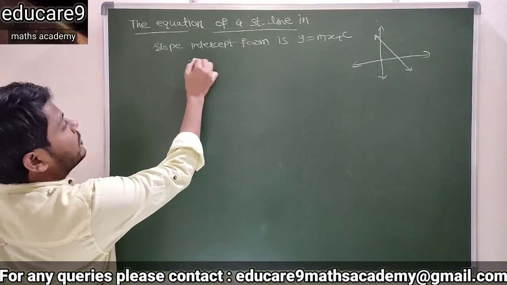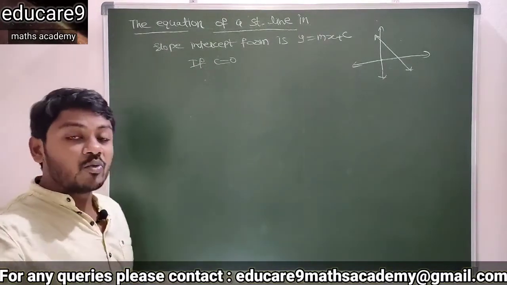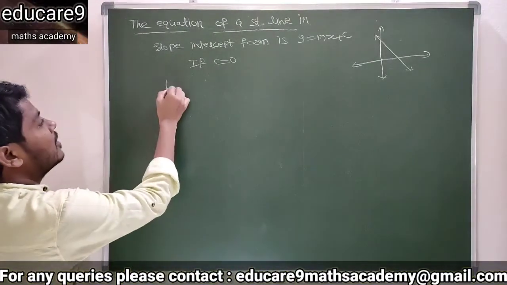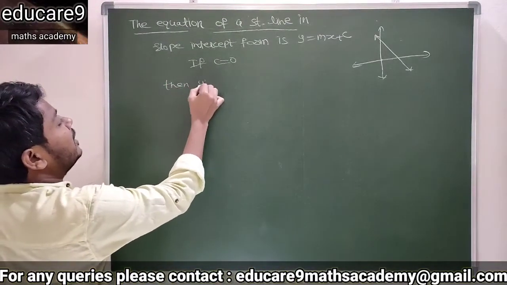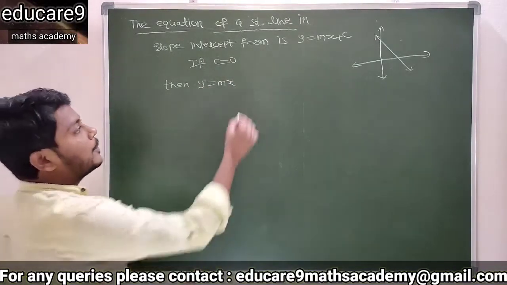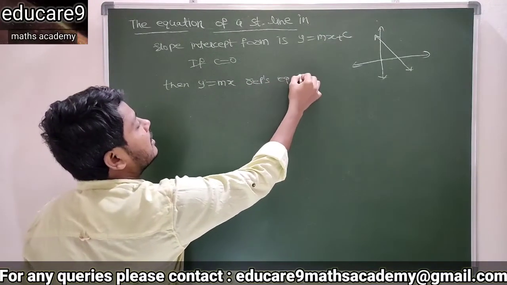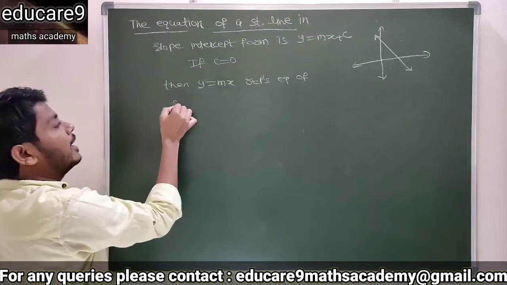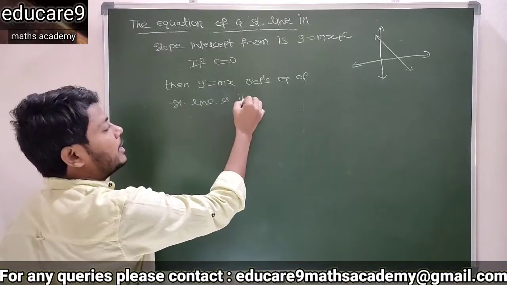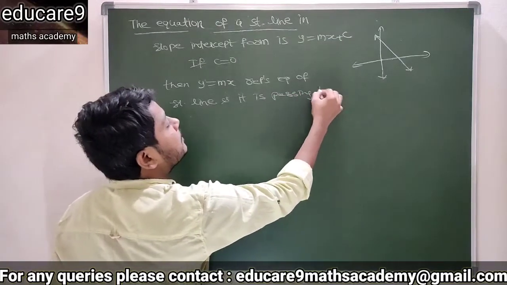Now if c is equal to 0, which means the y intercept is 0, then y is equal to mx represents the equation of a straight line and it is passing through the origin.